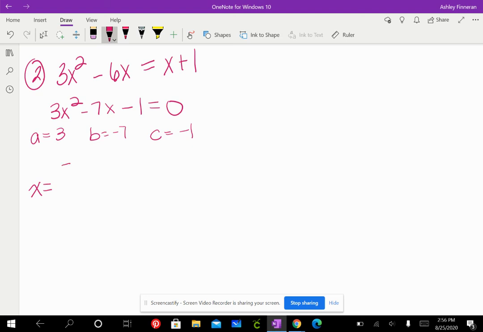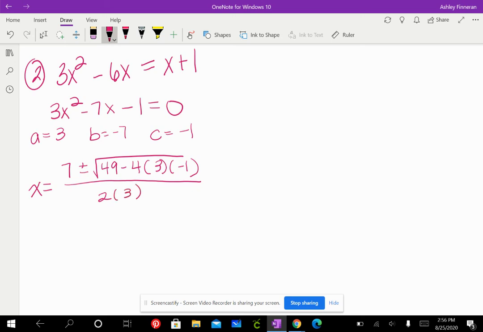So the opposite of b is +7 plus or minus the square root of b squared minus 4 times a times c, all divided by 2 times a.